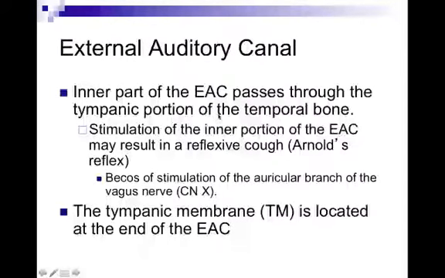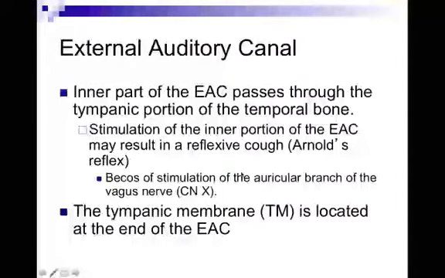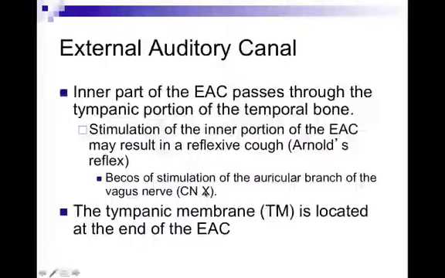So the inner part of the external auditory canal passes through the tympanic portion of the temporal bone that encases the middle ear and the inner ear. There's actually a cranial nerve that traverses the floor of the external auditory canal, namely cranial nerve 10, the vagus nerve.